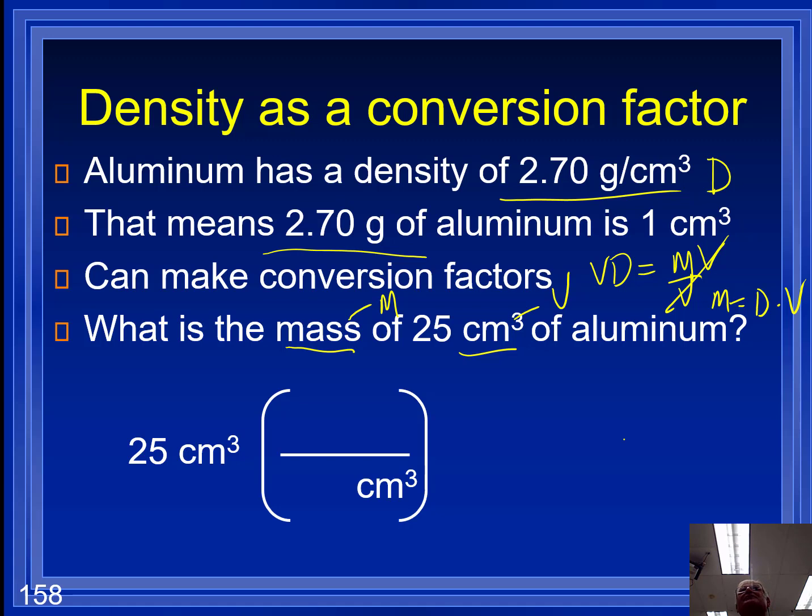Well, I could turn centimeters cubed into meters cubed, but that doesn't help. What I want is grams, and I can go from centimeters cubed to grams because for aluminum, I know 1 centimeter cubed is going to weigh 2.70 grams. That cancels out my centimeters cubed and leaves me with just grams.